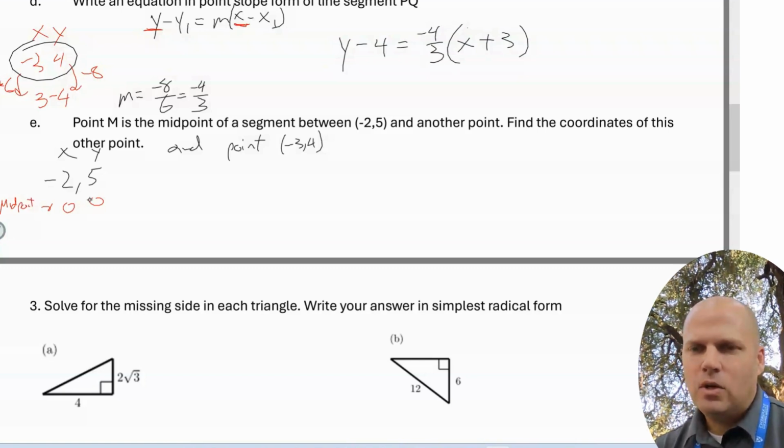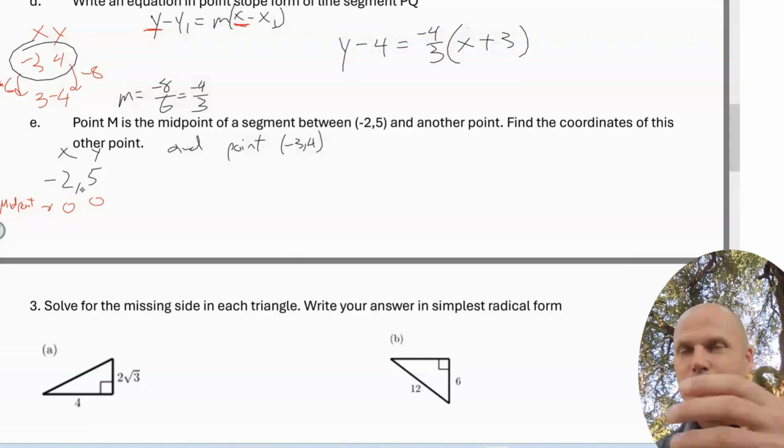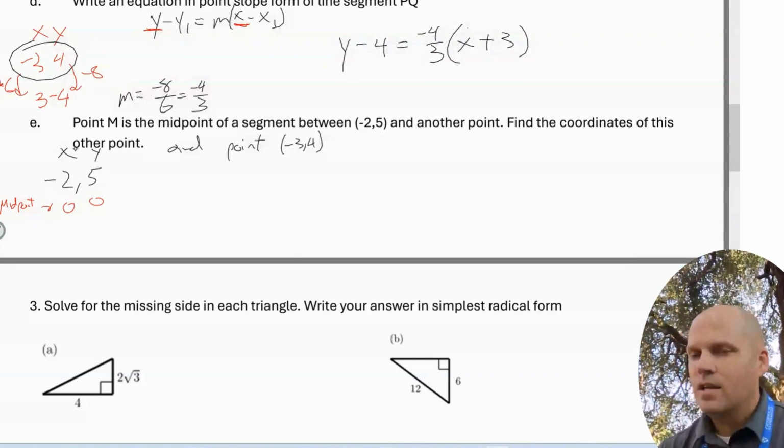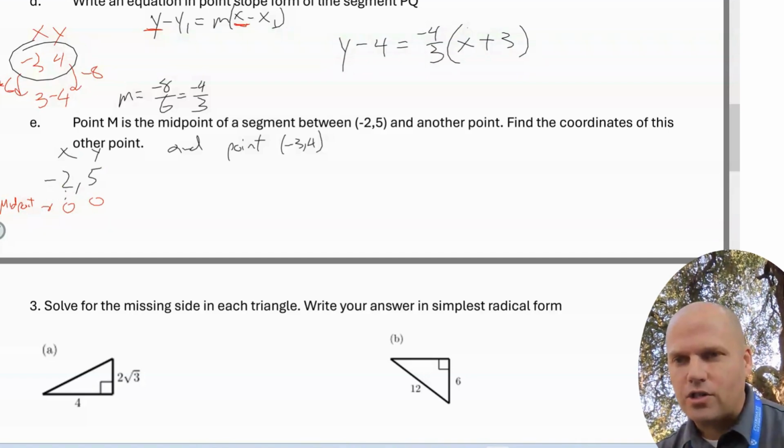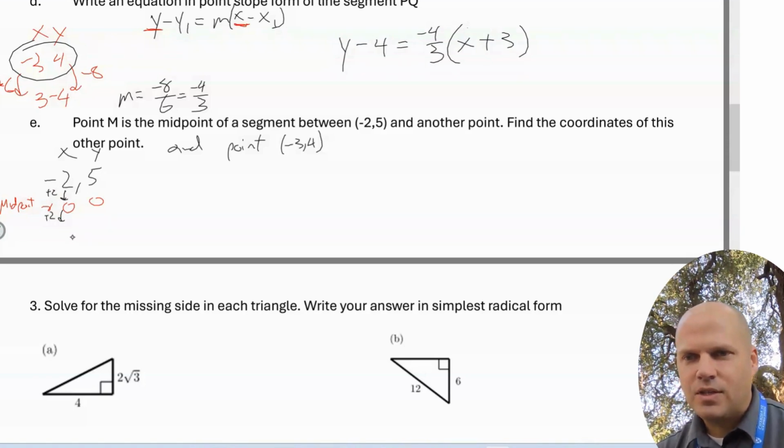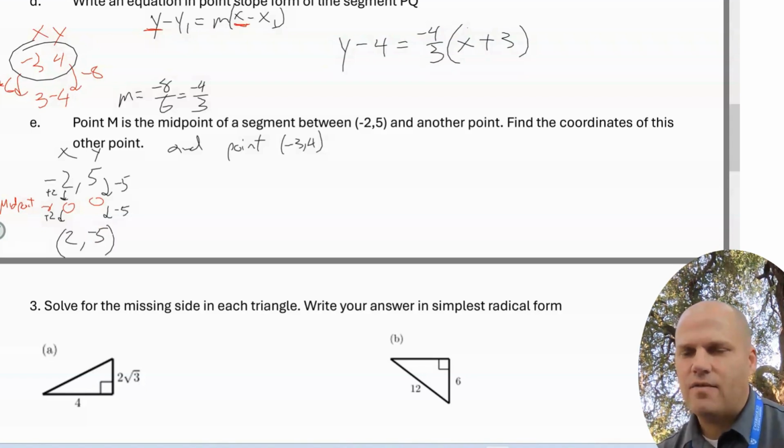What's the other point? Well, just think about how you could go halfway to find the midpoint, or understand that this distance can just be doubled to get the other side. And I get this 2, -5. It's the easiest way to think about that. If that's the midpoint, just keep going that same amount. And now this distance is 4. The middle is between -2 and 2, which is 0.